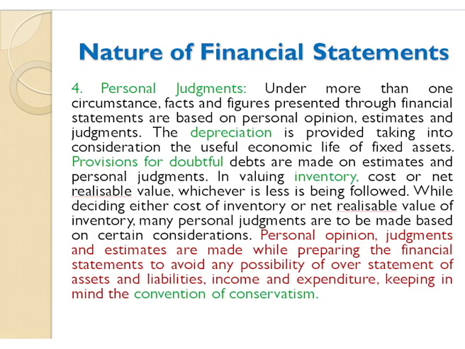Or when you are calculating provision for doubtful debts, you make an estimate on personal judgment. While valuing inventory at cost or net realizable value, whichever is less, you use your personal judgment to decide what will be the cost or what will be the net realizable value.